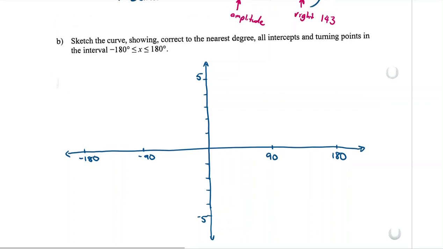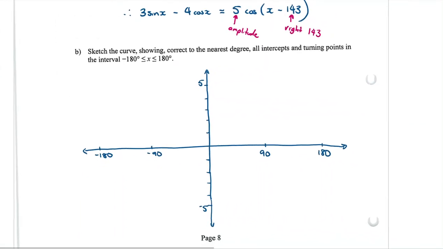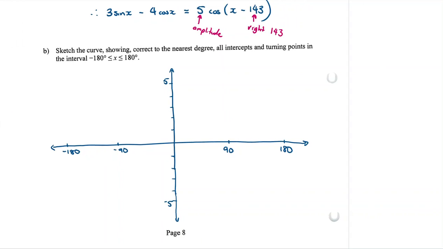Okay, this is a cos graph. So cos normally starts at 0, 1. So from the origin, it starts at 1, which in this case would be 5 because we've timesed it by 5. But we have moved it 143 places to the right, so at about here is my 143. That is where the starting point of my curve is.